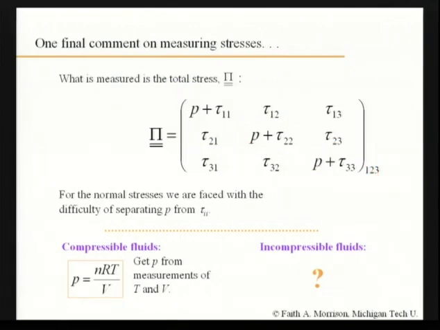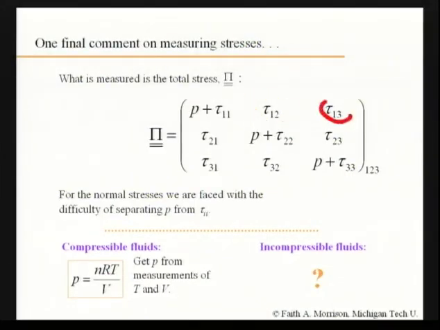Okay? So for shear stresses, let's say we put a sample in a device like this, and we move the top. If we can measure the amount of force it takes to move the top, we can measure the shear stress. So that's not too bad. When we want to measure a normal thrust, we can put a pressure transducer on the top of that device and measure a normal thrust.